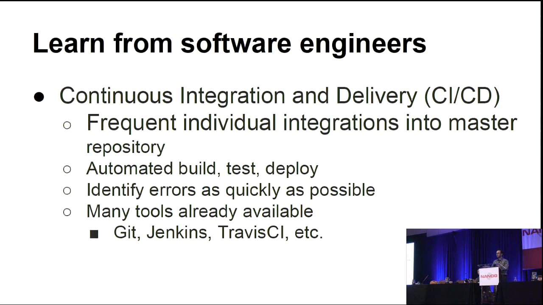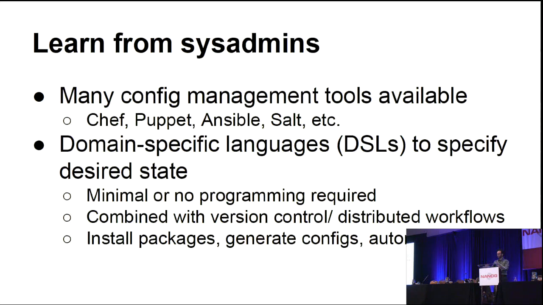They automate the build, the test, and the deploy process of this. And that allows them to identify errors very quickly. And there's many tools available that help with that. One of them is Jenkins, which we'll talk about.